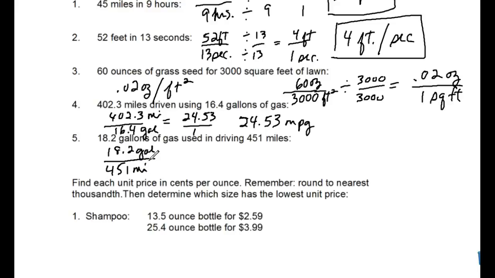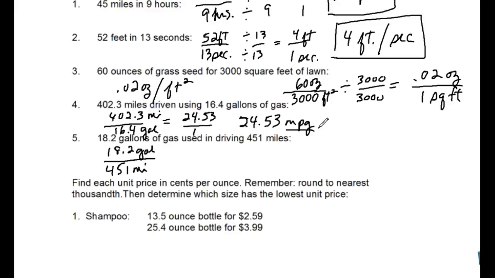So it's going to be, instead of miles per gallon, it's going to be gallons per mile. Well, miles per gallon is sort of the usual way to come up with that rate, because you want to know how many miles you can go on 1 gallon of gas. Doing it the other way around, we're going to figure out how many gallons you'd use for every 1 mile.